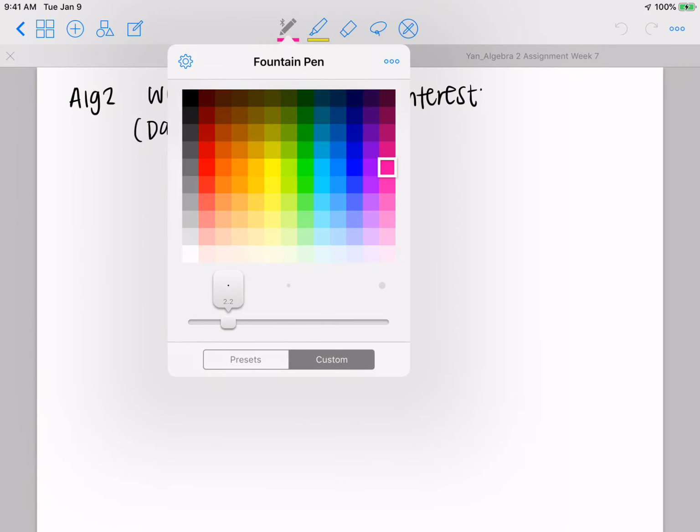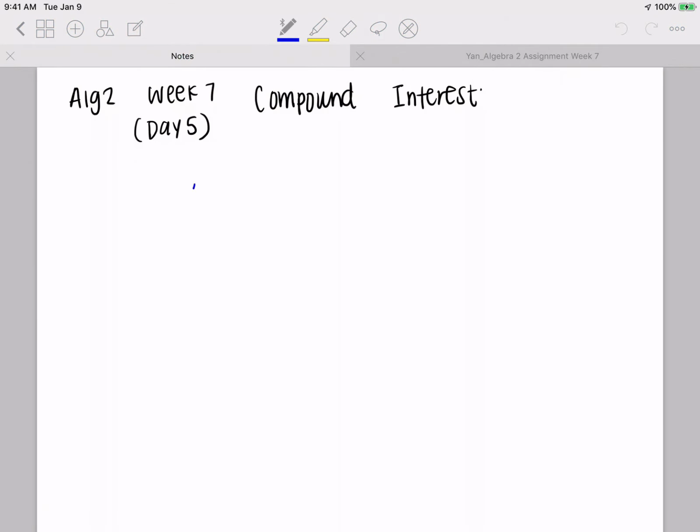So I'm only going to go over one of them first, which is another formula. So you kind of have to use your notes on the side while you're working on your homework. Okay, so our formula for compound interest is A equals P times 1 plus r over k, to the kt.